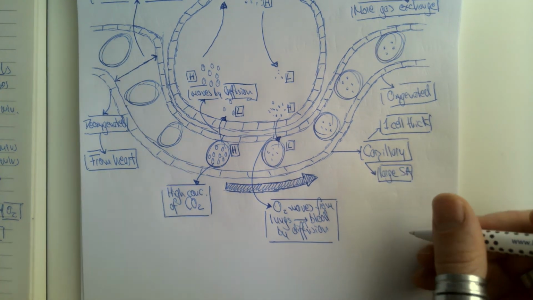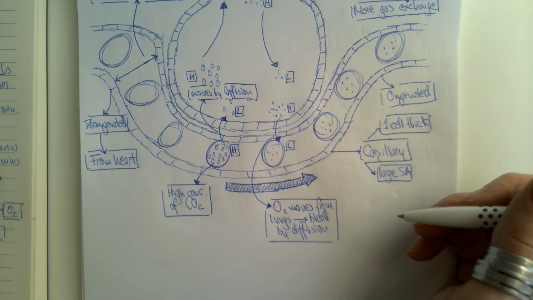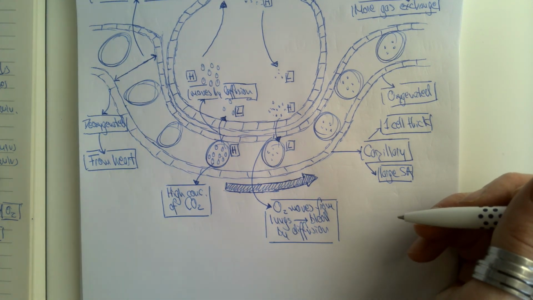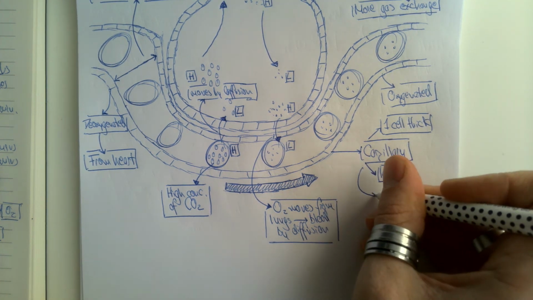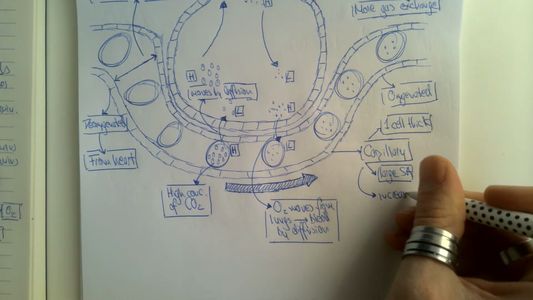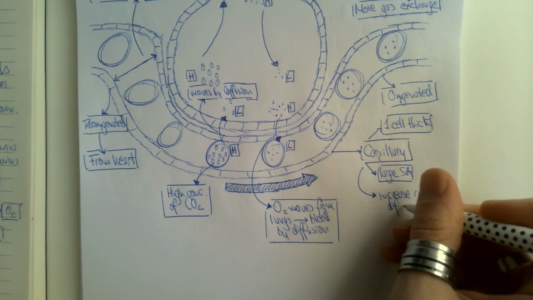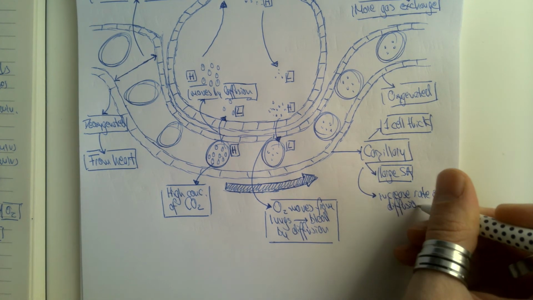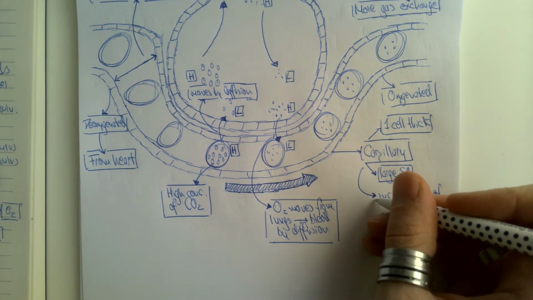Which means that, again, because they've got short diffusion distance, you've got lots of surfaces through which oxygen and carbon dioxide can move, these help to increase the rate of diffusion. CO2 and oxygen.